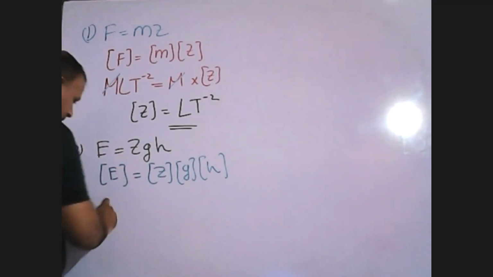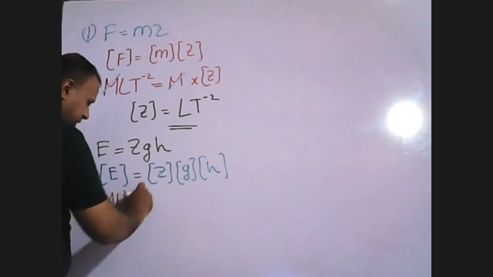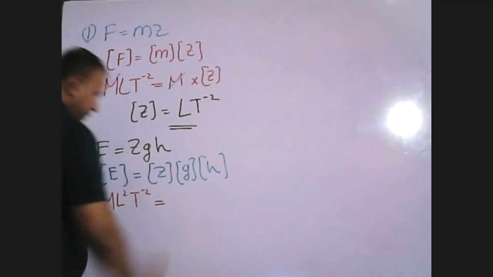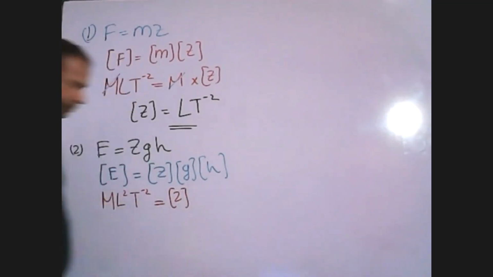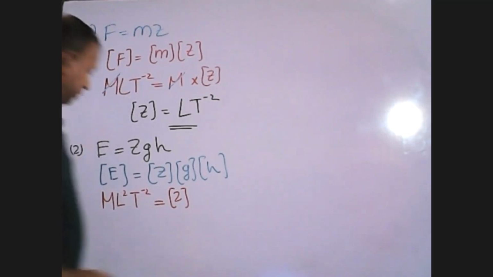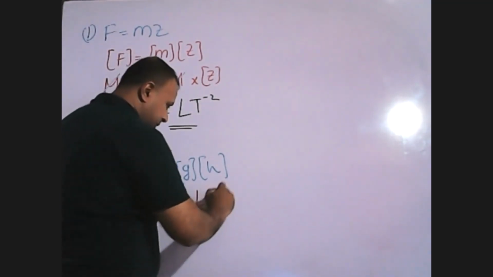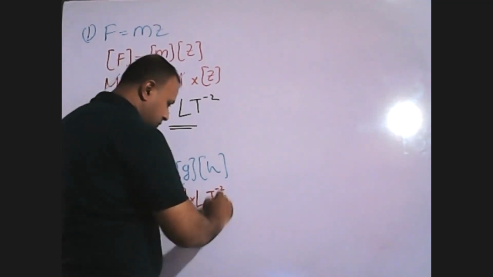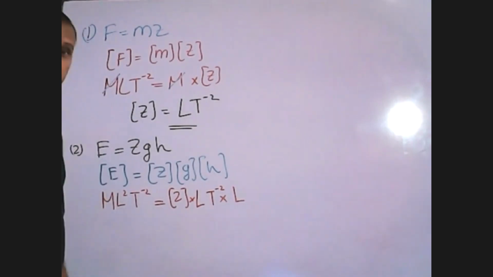ML squared T minus 2 is equal to the dimension of Z into the dimension of G means LT minus 2, and the dimension of H means L.